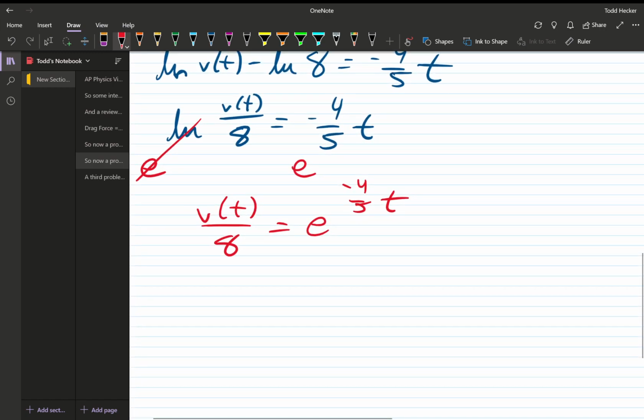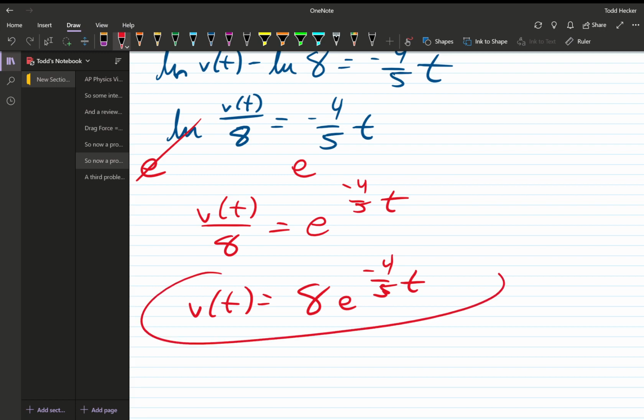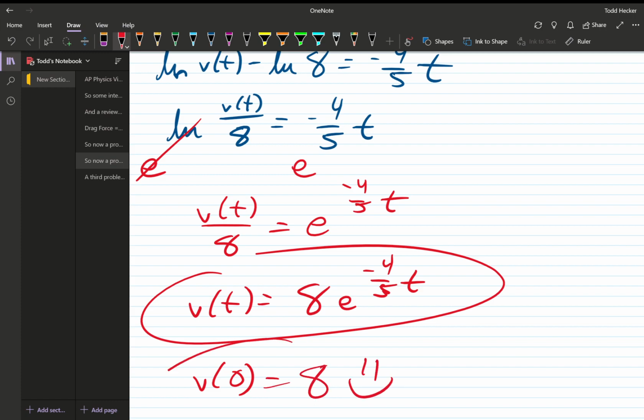And now I can multiply both sides by 8, so I get v of t equals 8 e to the negative 4/5 t. Cool, so there's our answer. Let's check what v of 0 is. If I put 0 in here, you get e to the 0, which is 1, and 8 times 1 is 8. Hooray! So that worked also.